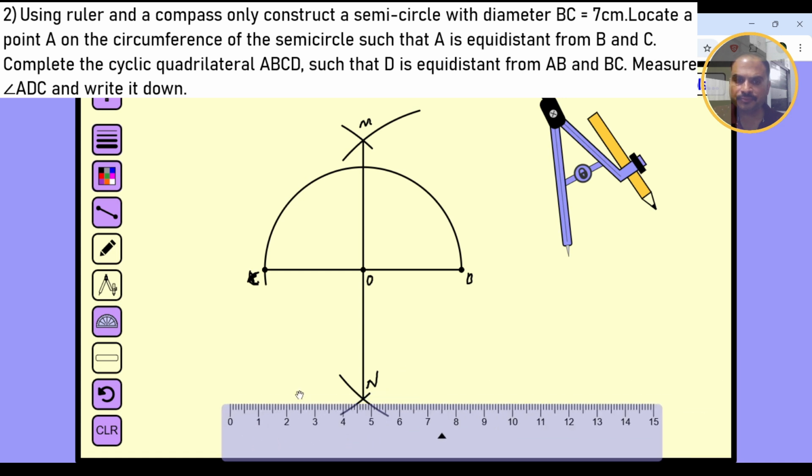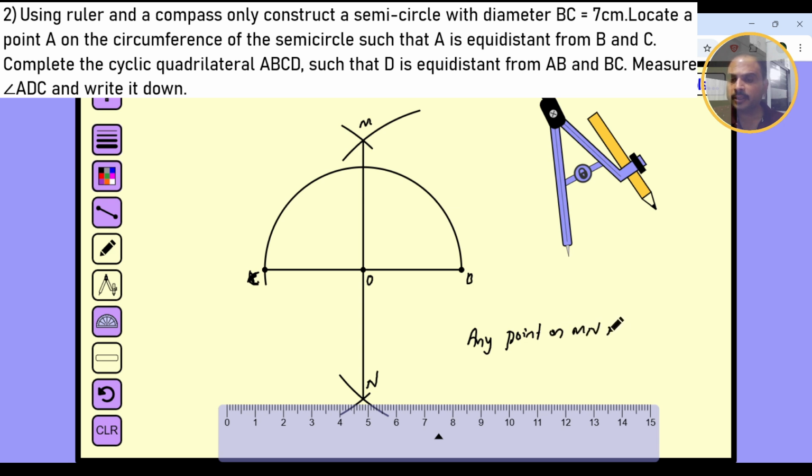Here I can say that any point on MN is the locus of a point equidistant from B and C. You can say MN is a locus of a point equidistant from B and C also, doesn't matter. So now I need to locate the point which is equidistant from B and C and lies on the circumference. So here is the point.